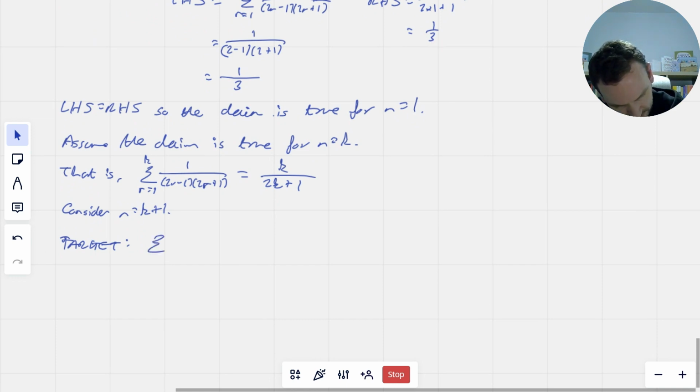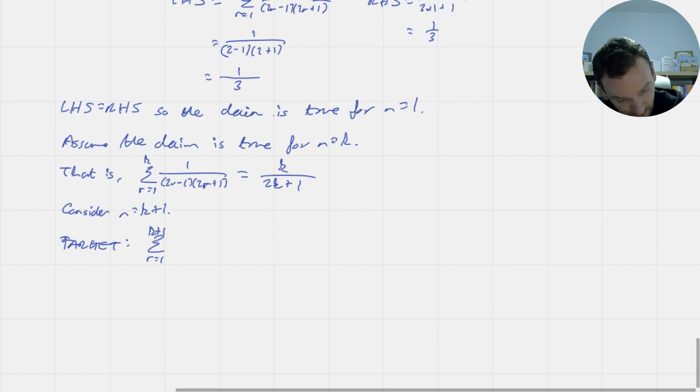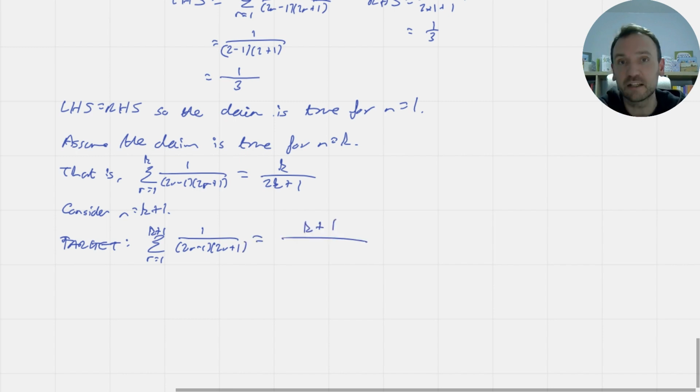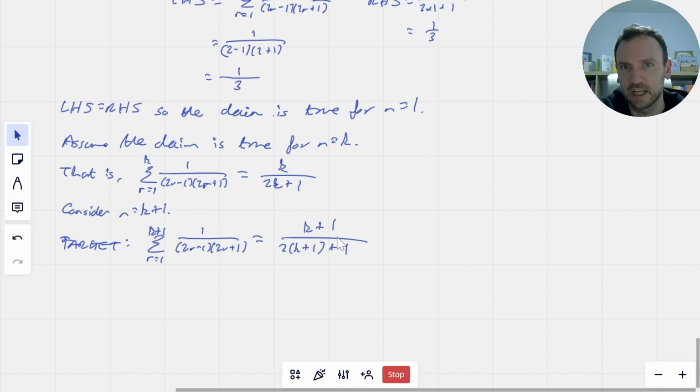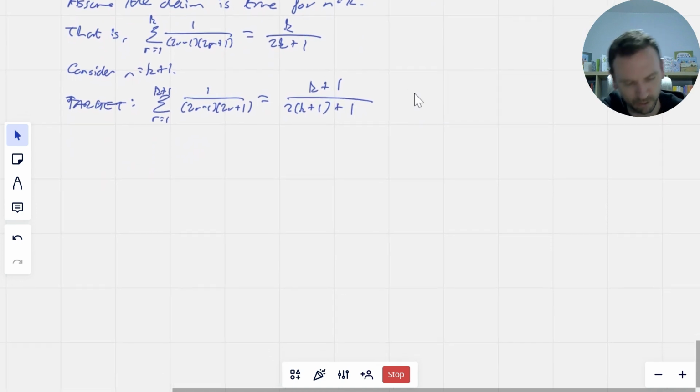So we're hoping to prove that the sum from r equals 1 to k plus 1 of 1 over (2r minus 1)(2r plus 1) is equal to (k plus 1) over, and at this stage I'm not going to simplify the bottom, I'm going to write it explicitly with n replaced with k plus 1. It doesn't look like a very nice form, but that's what we're hoping to prove.